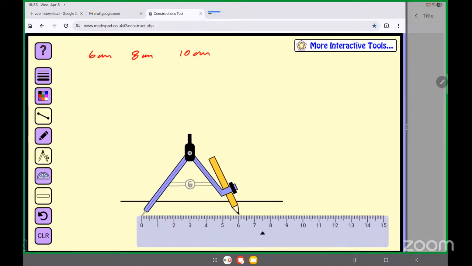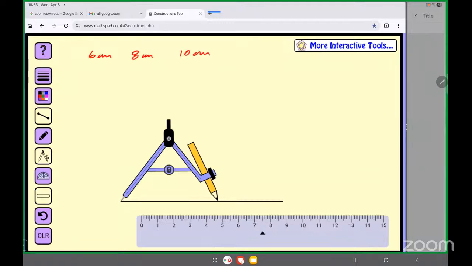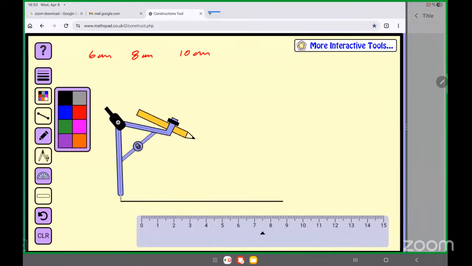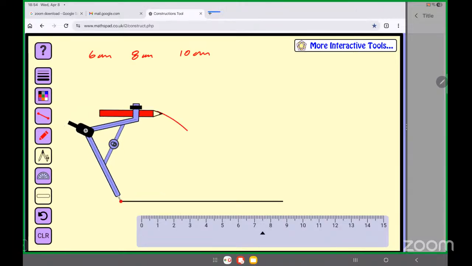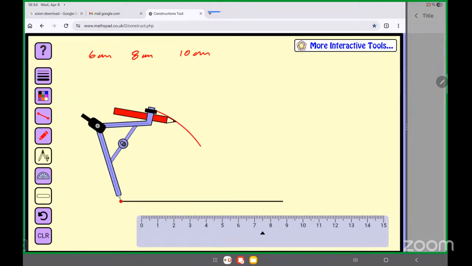When you reach 6, you lock it. You come to one end, and you're going to make a 6 centimeter arc. So you rotate it up, and you make an arc that is 6 centimeters. Let's do it in red. Everywhere on this arc is 6 centimeters from this end.